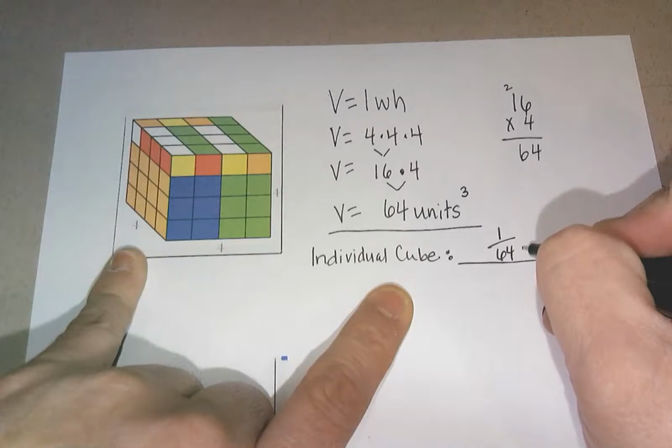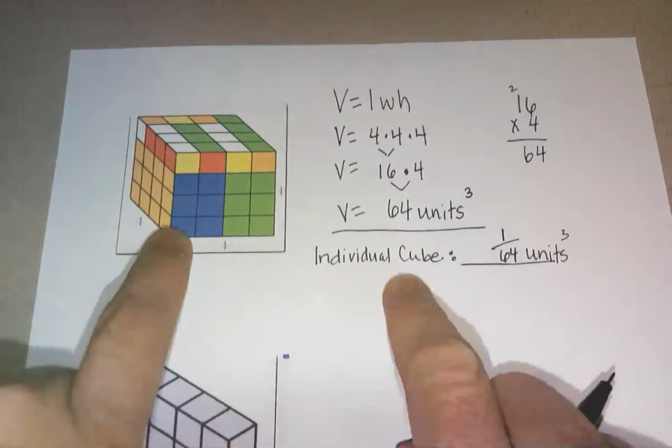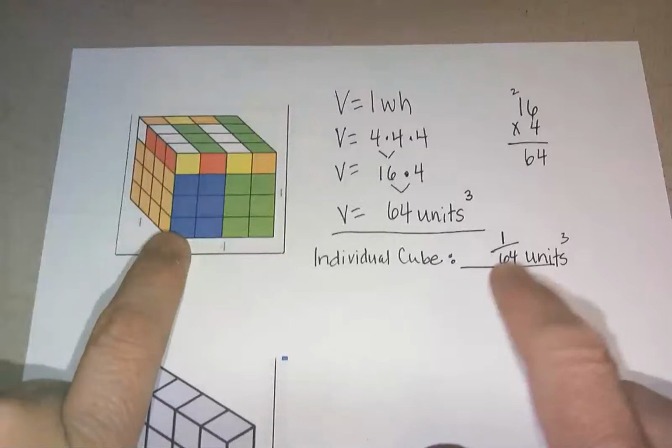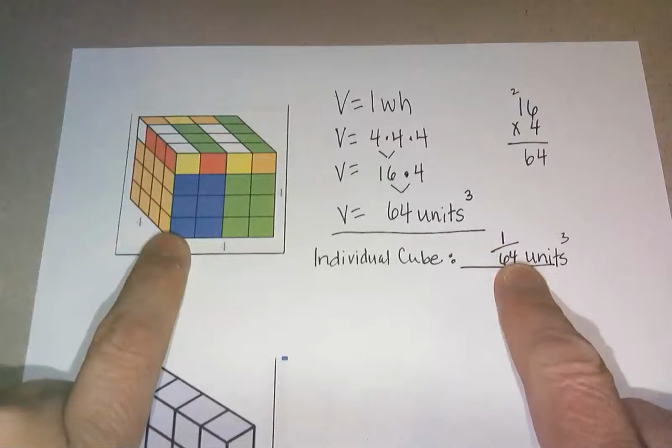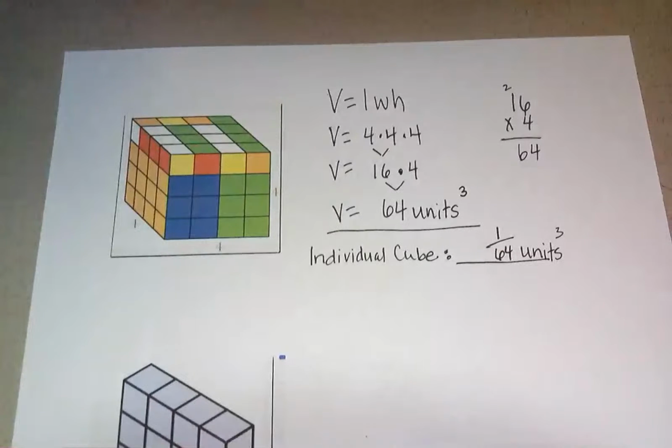And it's units cubed. So one little piece here is 1/64th of this whole piece, and that's what it means. Kind of pretty simple, isn't it? Okay, let's go look at another one.